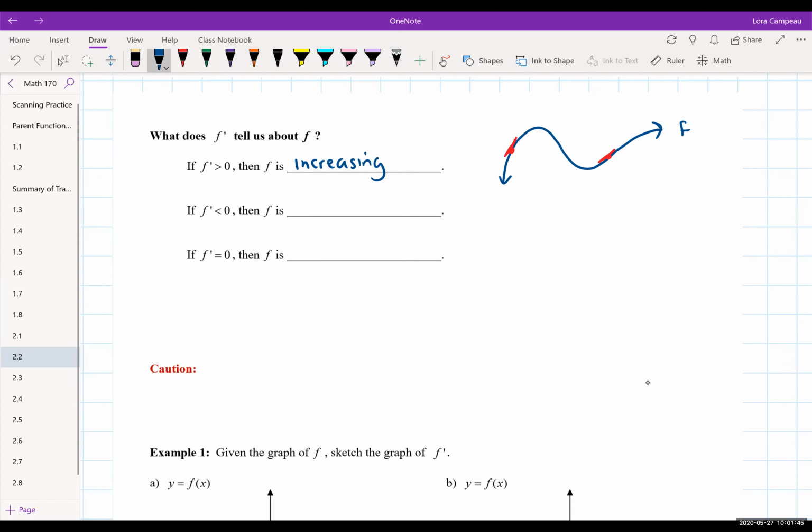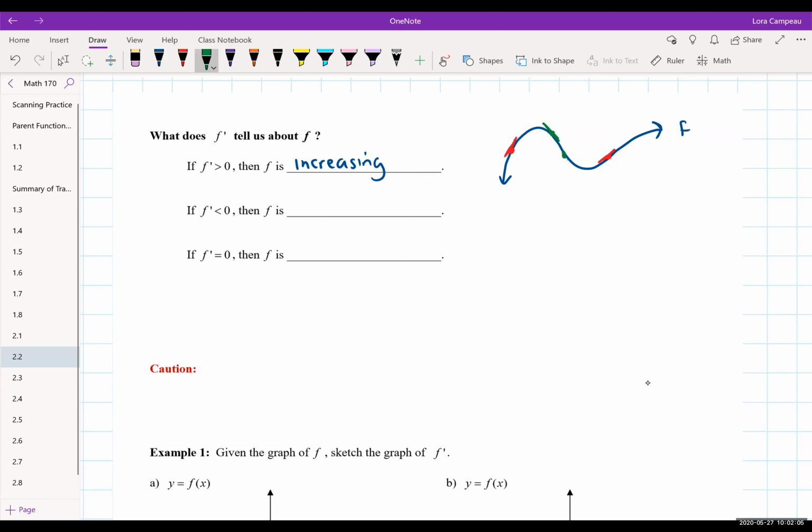Now, if we look at the case of what's happening if we have a negative derivative. So if I pick a point on the function and I'm drawing a mini version of the tangent line, it looks like the slope is decreasing from left to right. We can go a little lower.